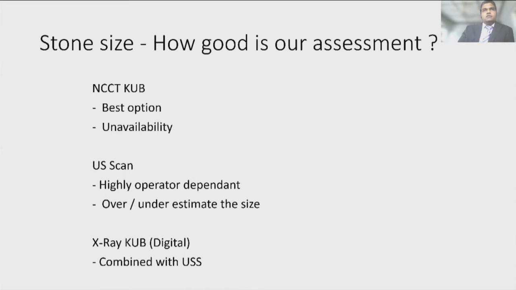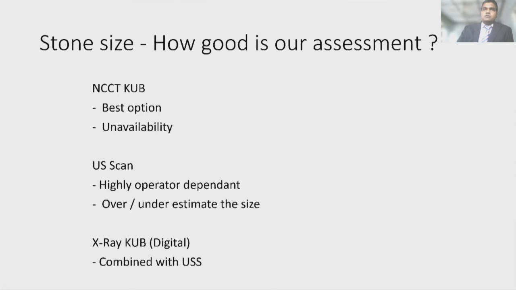So how do we assess stone size? We all know the best assessment of stone size is the non-contrast CT-KUB. Unfortunately, due to financial limitations and unavailability, we can't offer CT-KUB to all patients who come with ureteric colic.